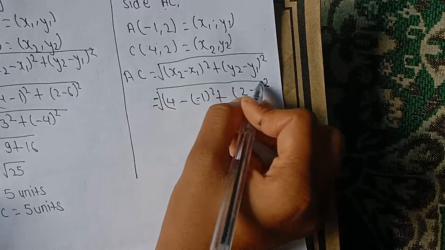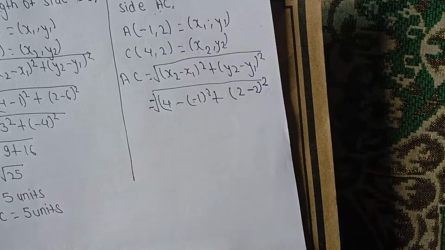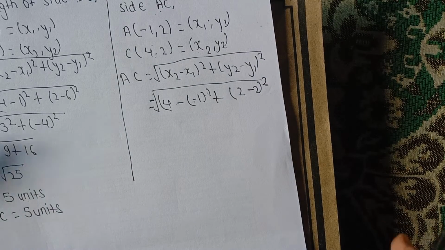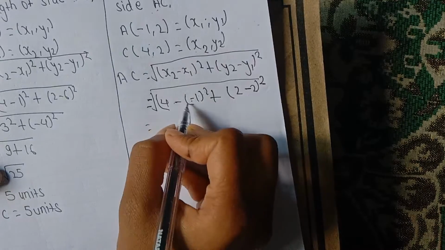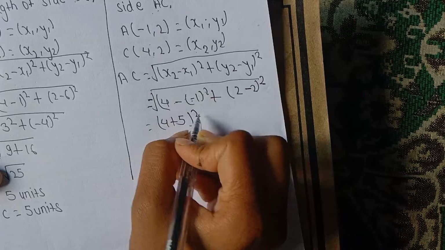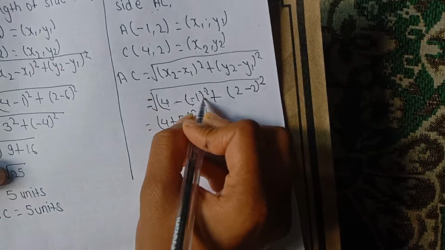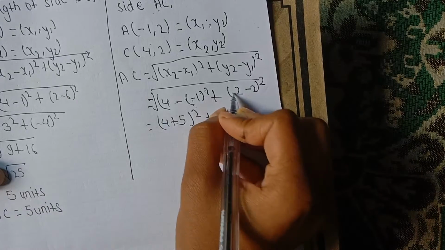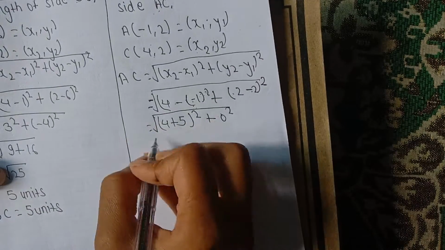Okay, so here you don't have to use a curly bracket because we have taken this bracket and this bracket from here. So are you clear in this? So look at here, minus minus plus, so 4 plus 1 we have to write. After that, square, this is a whole square, not the square of minus 1. We have just taken this bracket, not this bracket, and 2 minus 2 is 0, and we have to put the square, and root also.